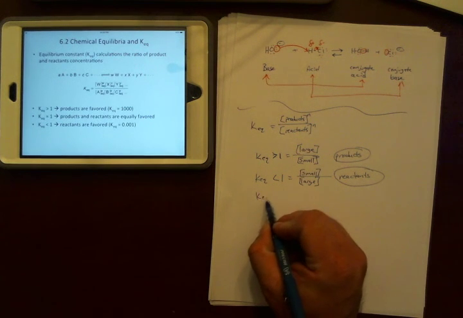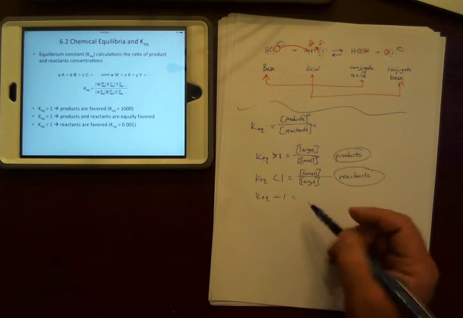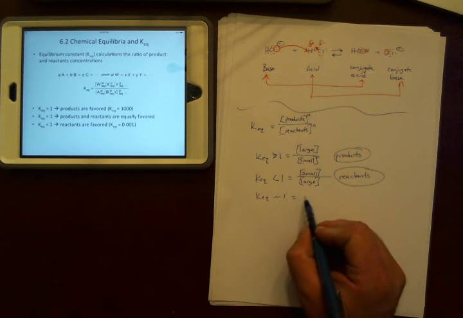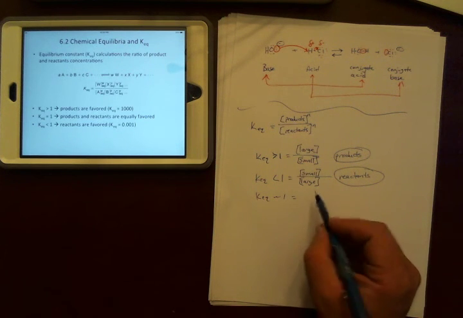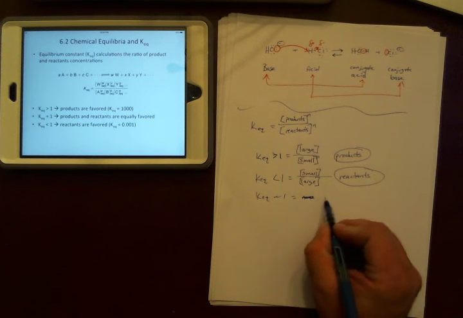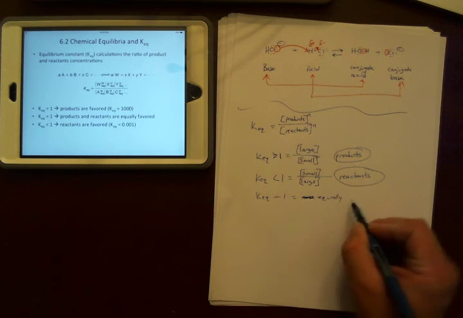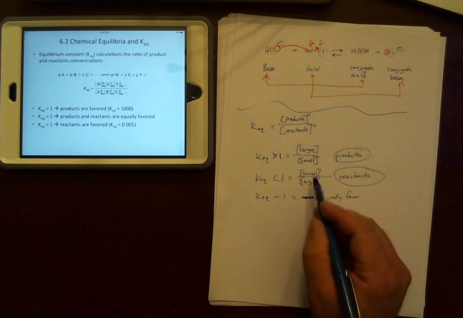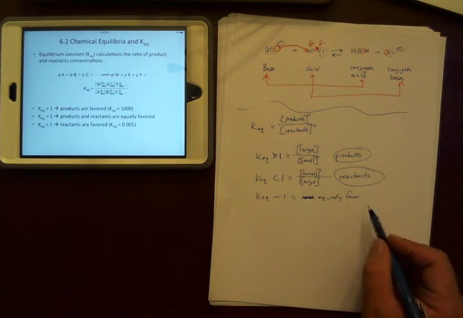If it's about 1, they're equally favored, because they have similar concentrations.